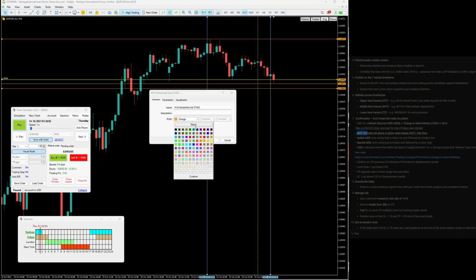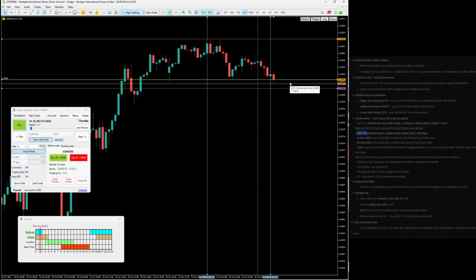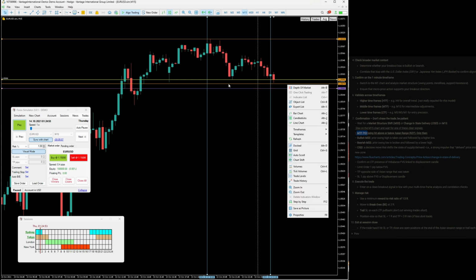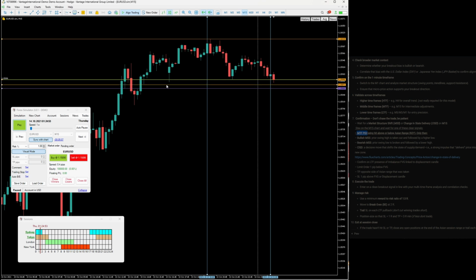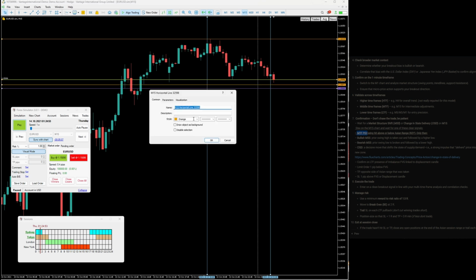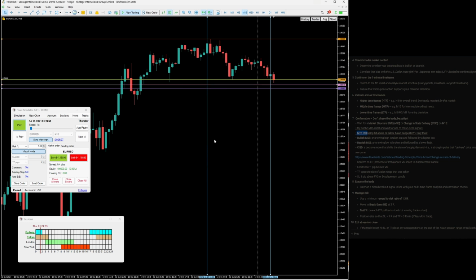So properties, let's put it like, I don't know, purple. Okay. And here it would be nice to do the same, maybe. Properties, you know? Purple, purple, purple. Here. So FVG, right? There we go.